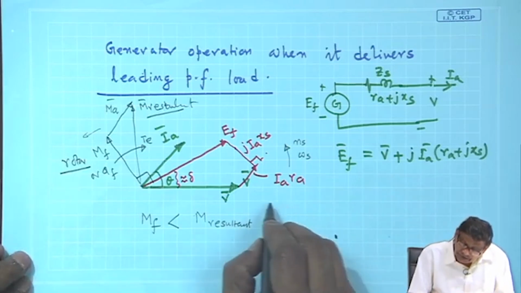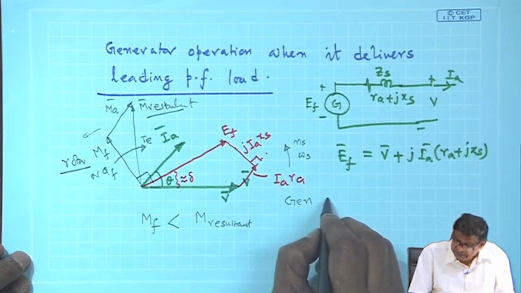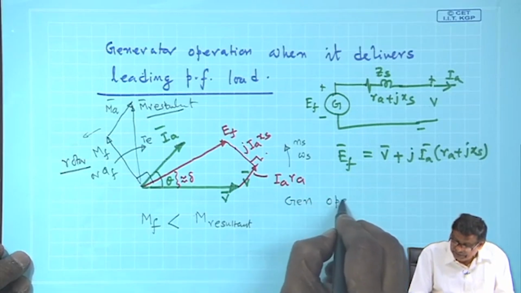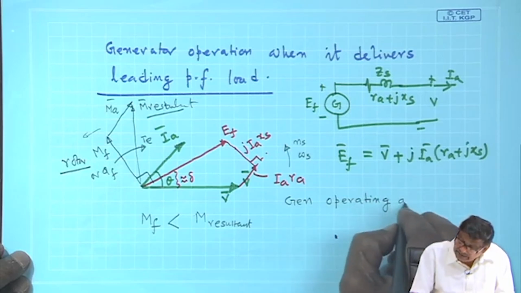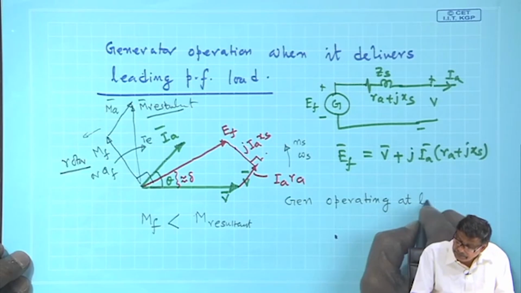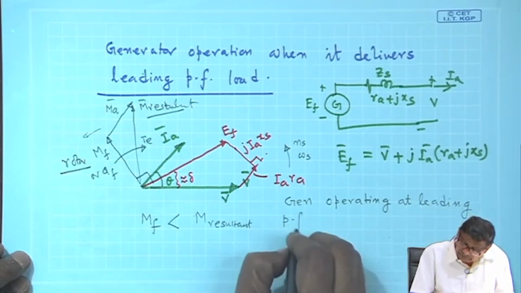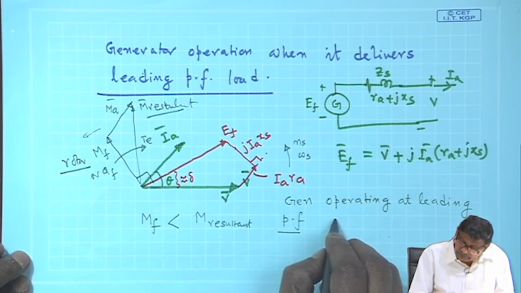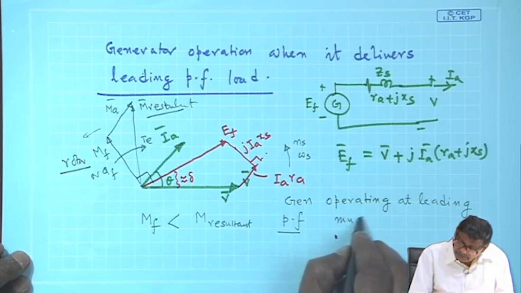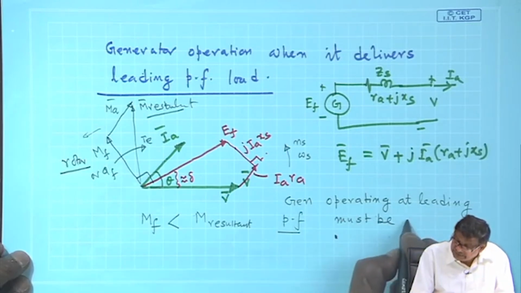I will call a generator operating at leading power factor must be under excited.